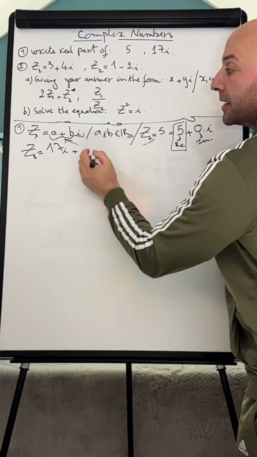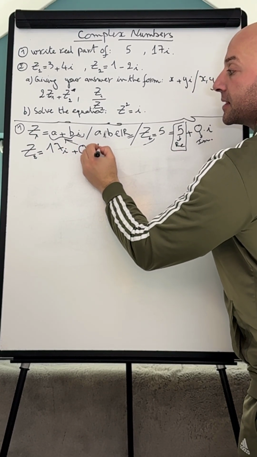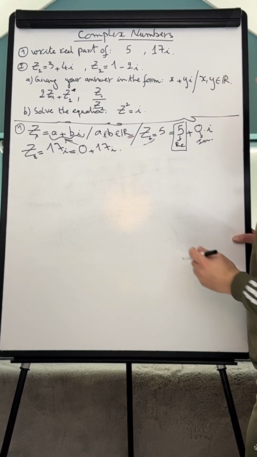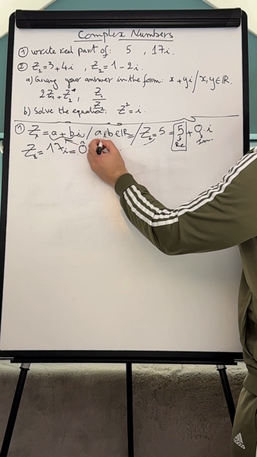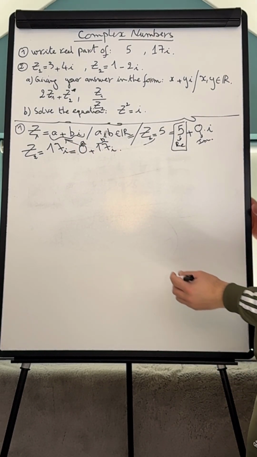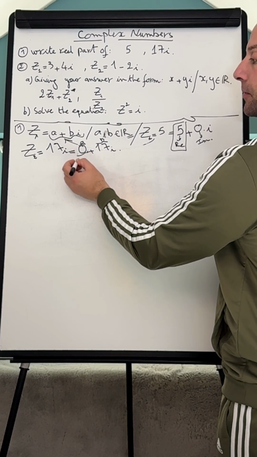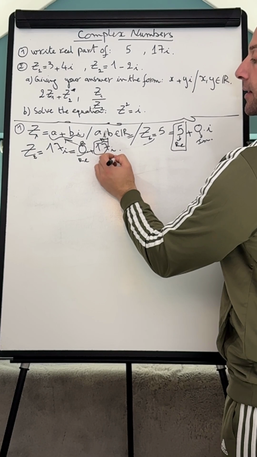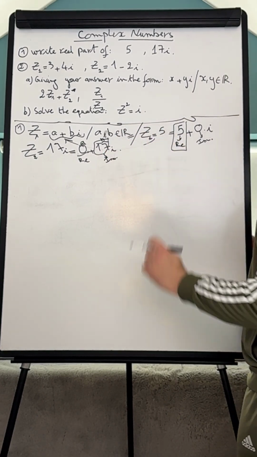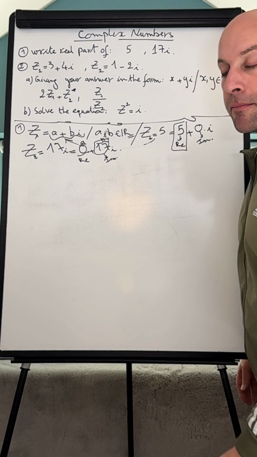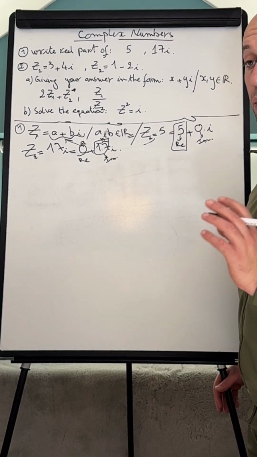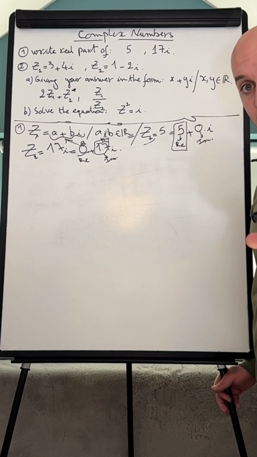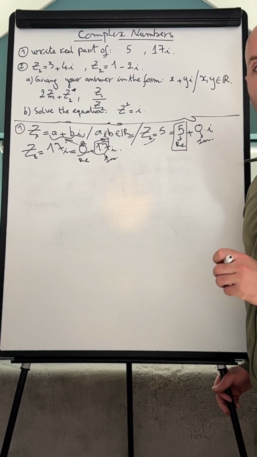This is 0 plus 17i. Then the real part of Z2 is 0. The imaginary part is 17, and we call it the imaginary part because it's 17 times i. A real number times i is imaginary, and we call it the imaginary part of our complex number. The first number, which is not related to i, we call the real part.